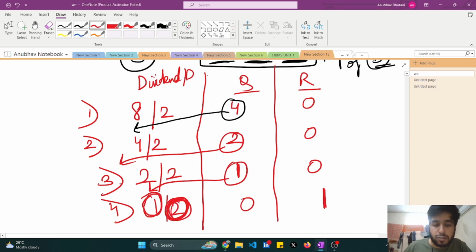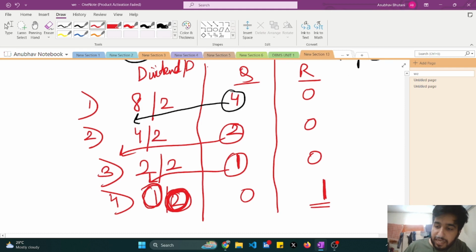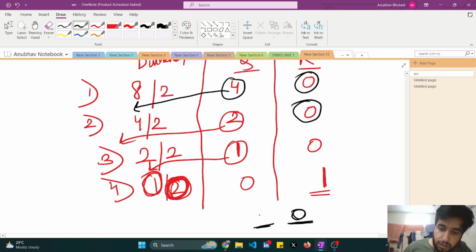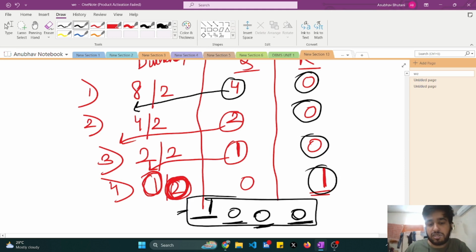So as I said, we are filling our positions from the last index. I'll push this onto the last element, the second one onto the second last, the third one onto the third last, and the fourth one onto the fourth position.